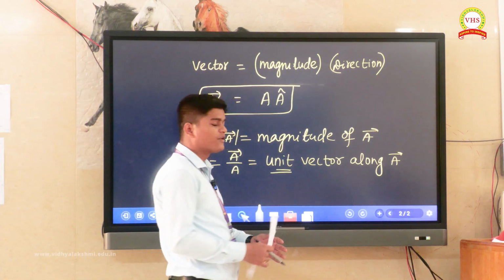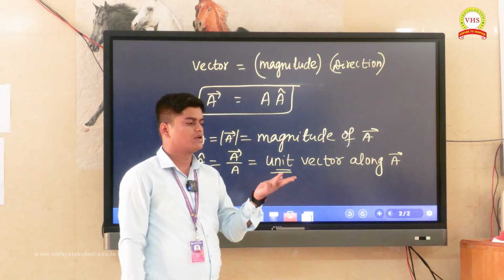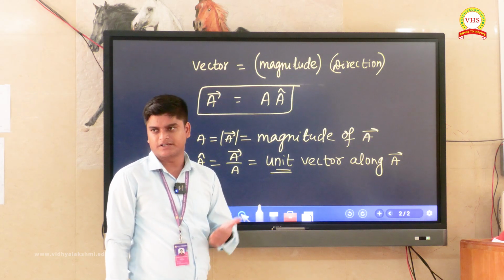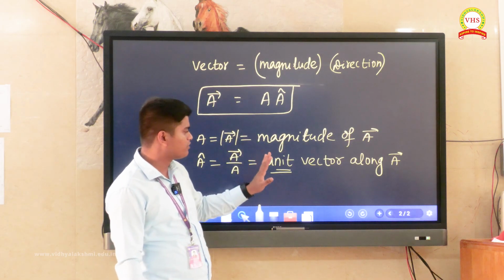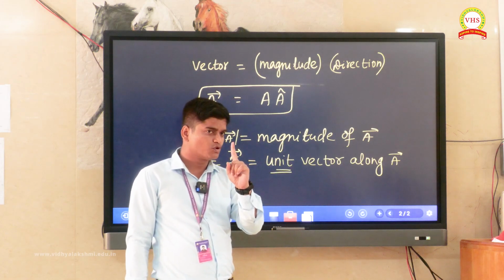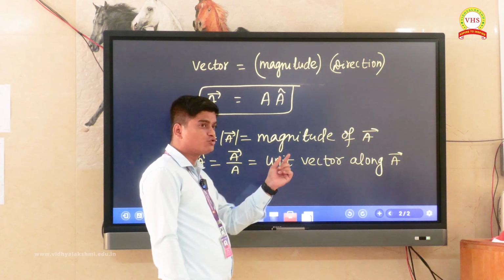There are many different types of vectors. If I tell the types of vectors, there are unit vectors, equal vectors, parallel vectors, anti-parallel vectors, perpendicular vectors, orthogonal vectors, like that many types. That we will see later. But first, to understand: unity means 1. And this is a unit vector means its magnitude is 1.